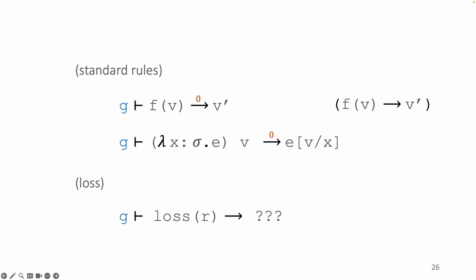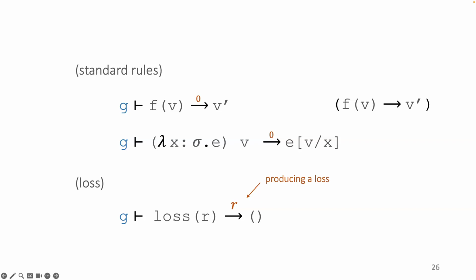Well, the return type of loss is just a unit, so we just return a unit. But we would remember that we have produced this loss R in the operational semantics by keeping track of this R. And this is basically the only rule that produces loss, and the loss will keep being propagated throughout the evaluation of our program. But this is the only construct that could produce a loss value.